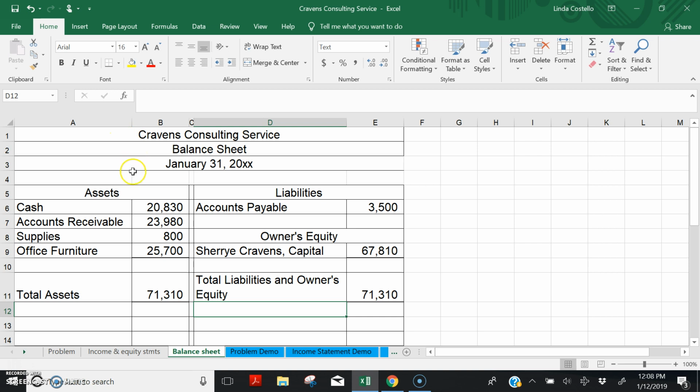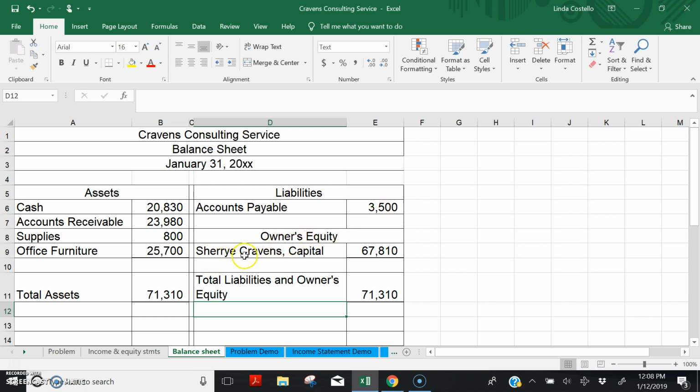The 3-line heading should read, Craven's Consulting Service, balance sheet, January 31st, 20XX. The assets on the left side of the page, cash, accounts receivable, supplies, office furniture, total assets are $71,310. Liabilities, accounts payable, $3,500.